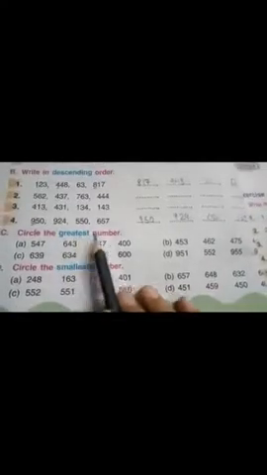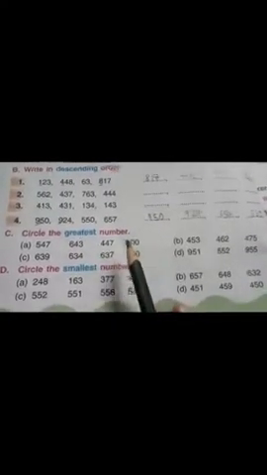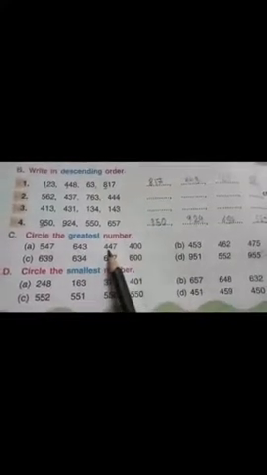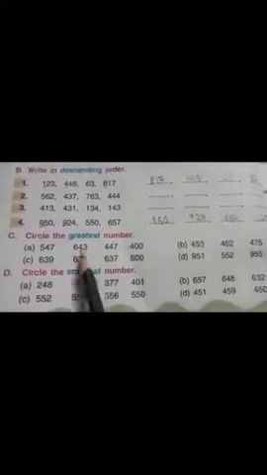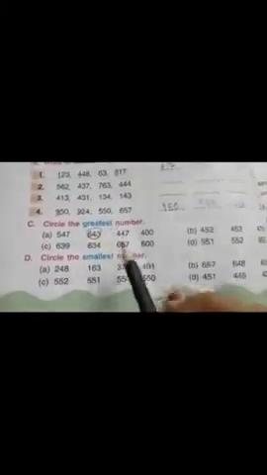Circle the greatest number. We have to circle the greatest number of these series. What we have to do? Same. Just now I have taught you how to recognize. 4, 4, 6 and 5. So which is greatest of these? Of course 6, where the greatest number is in the hundreds place. This you have to circle.